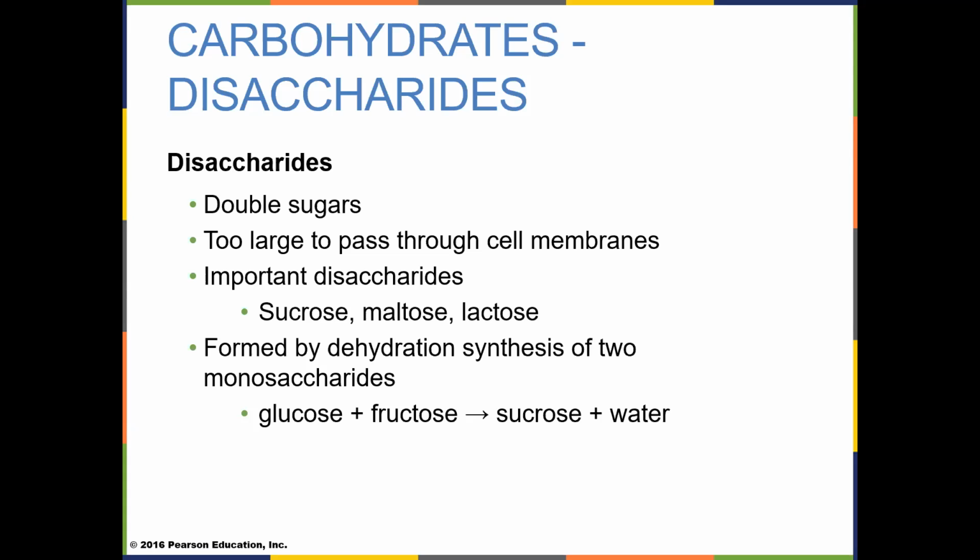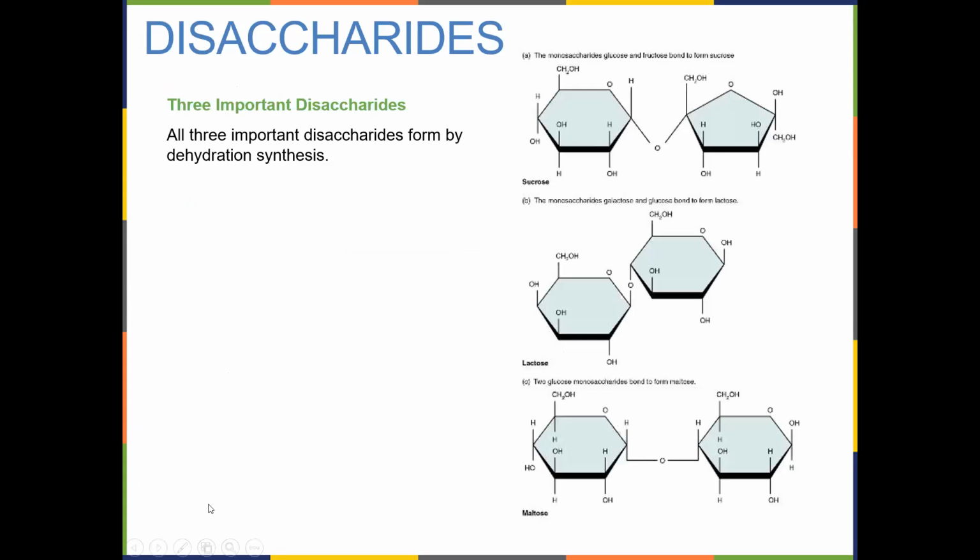Glucose and galactose give you lactose or milk sugar. And maltose is 2 glucoses. Okay, the important one to remember, glucose and fructose give you sucrose, which is what we eat as a table sugar.